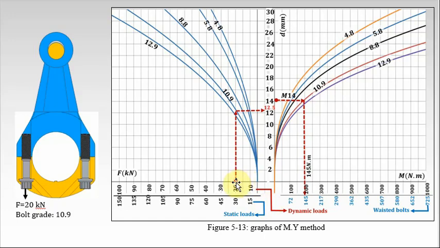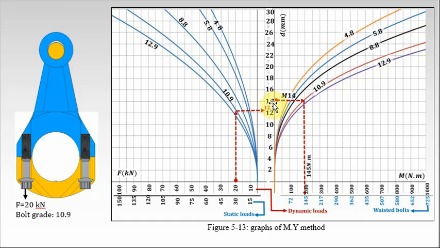The applied force is 20, and go up to intersect the curve of 10.9, and go to the right to find the bolt size. The bolt size is 12.5 millimeters. We round it up to M14. Therefore, our bolt size is M14.